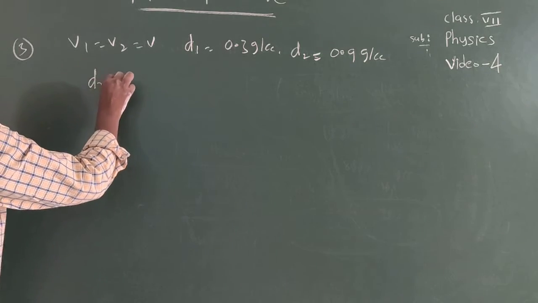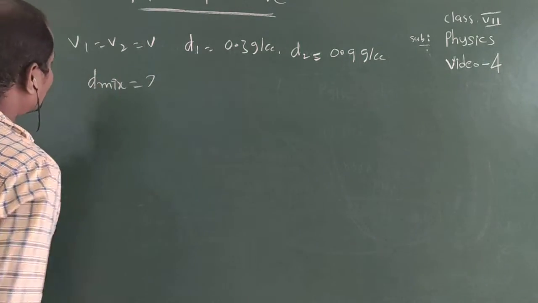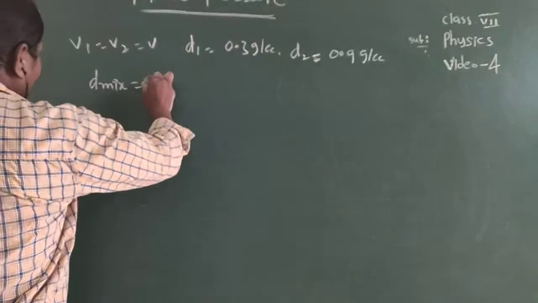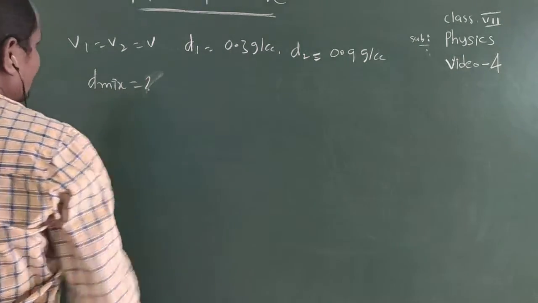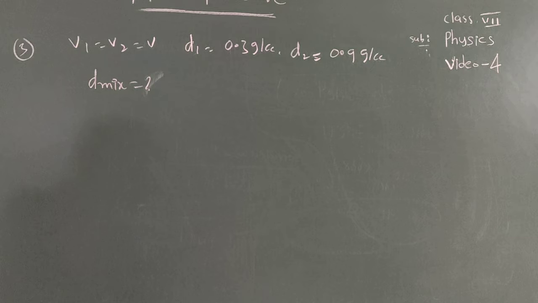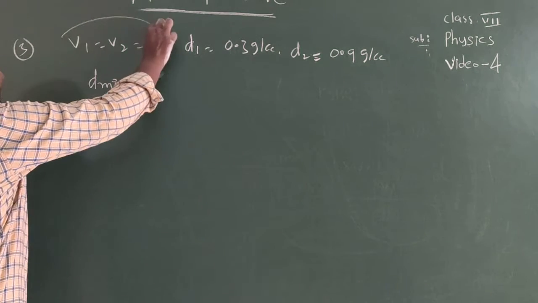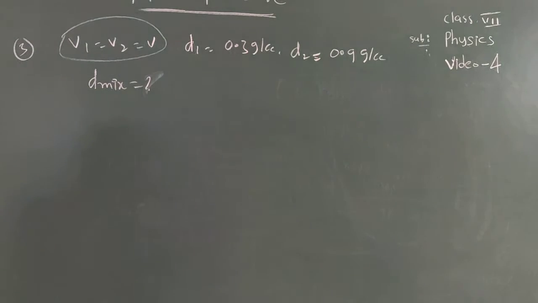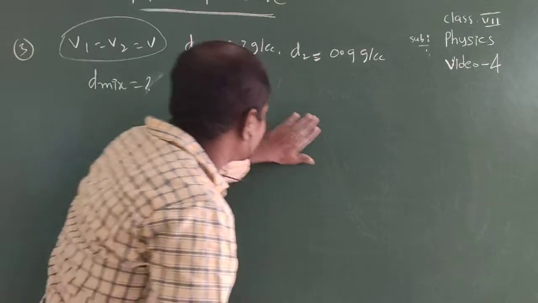Two different liquids of densities D1 equal to 0.3 and D2 equal to 0.9, but here volumes are equal, V1 equal to V2 equal to V, are mixed together. Then find the density of the mixture.